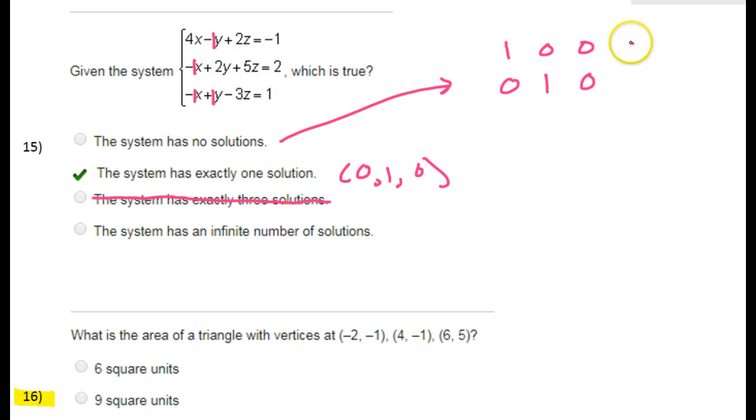Let's say it's 2, 3, and 4. Okay? Now, if there's going to be one solution, then I would have 0, 0, 1. And this would tell me x equals 2, y equals 3, and z equals 4. That's what this would mean.